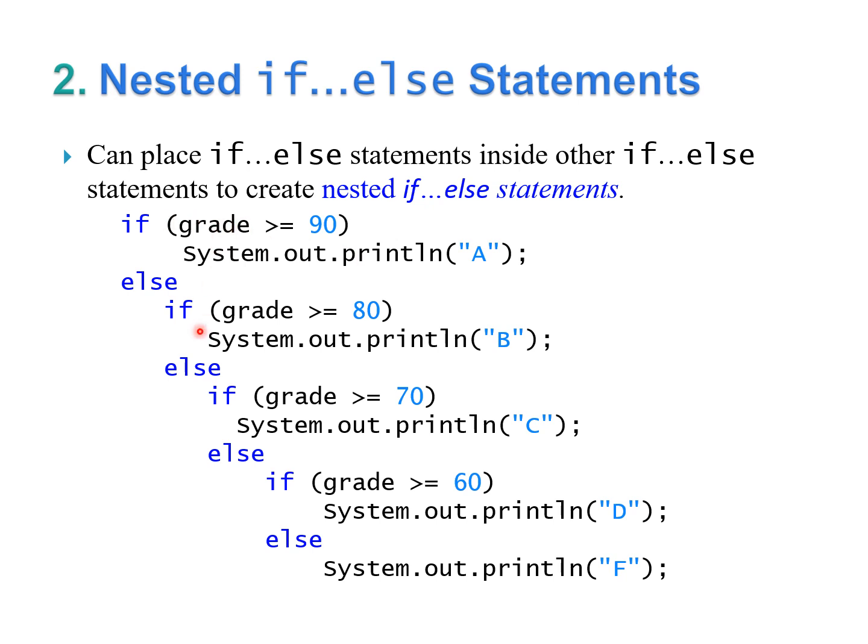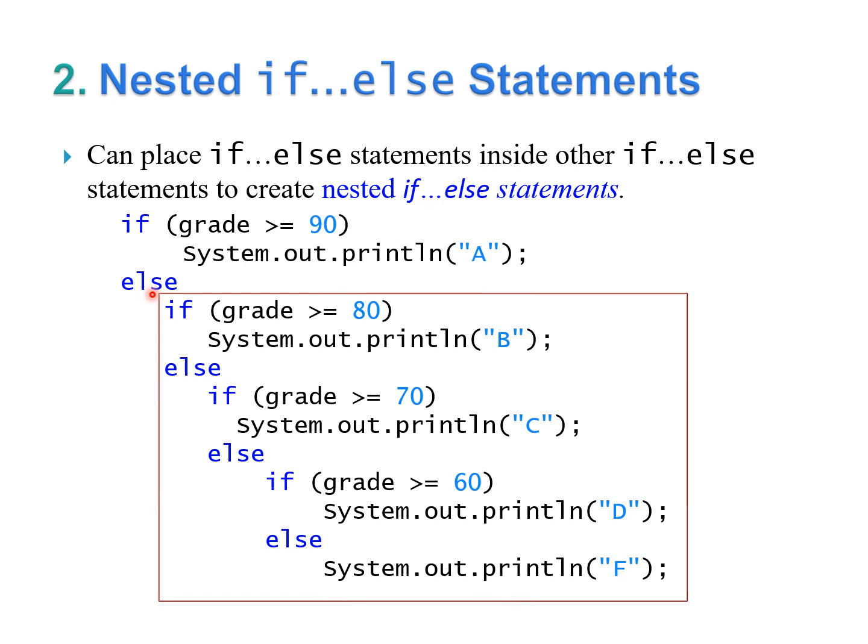The body statement of the else part of the first if-else statement is the second if-else statement, which is in this red box. So the second if-else statement executes only when the condition of the first if-else statement is false, that is, when grade is less than 90.